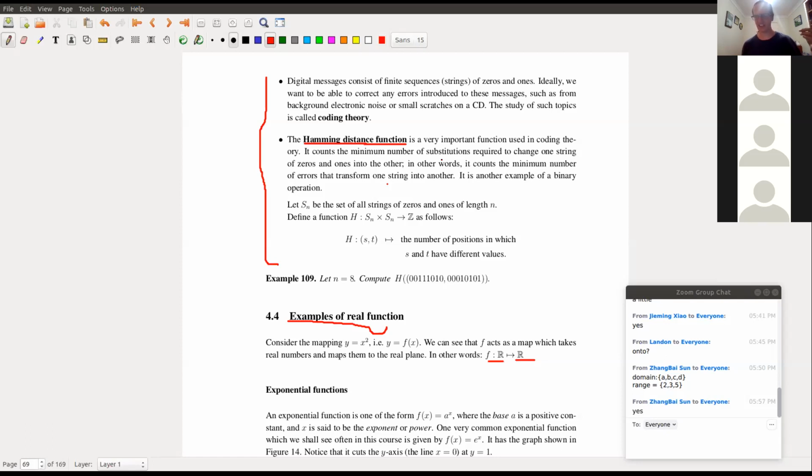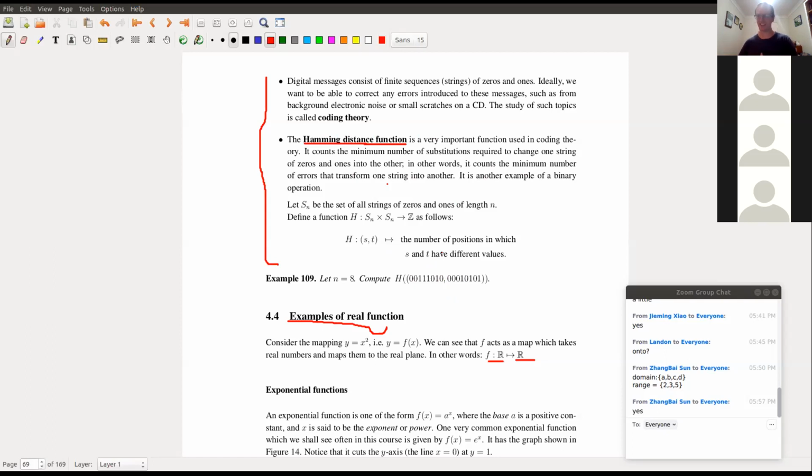A really simple way of doing that is summing up the bits and having a parity bit on the end, where you check if you sum them, is the remainder 1 or 0, and you make it always 0 by adding a parity bit. This Hamming distance function is to do with the theory of that.